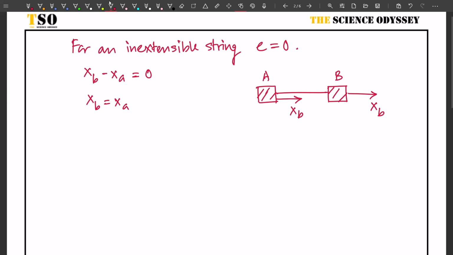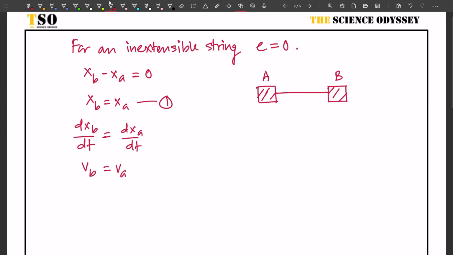So let's say this relation is x1. From this relation, if I differentiate with respect to time, we will get dxb by dt is equal to dxa by dt, or vb is equal to va.